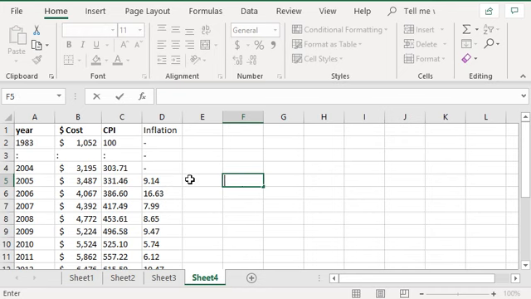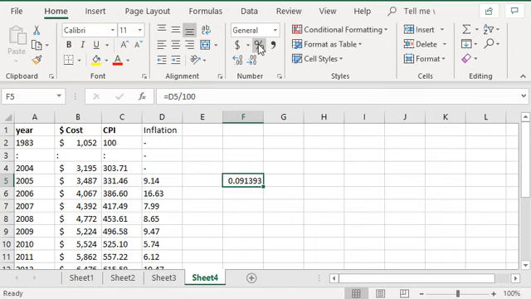So first, I'm going to change the percentage to a decimal. If I click on percent here, you can see that this is percent and this is percent. So the first thing you want to do is divide by 100. So this is 9.14% and this is 9.14%.